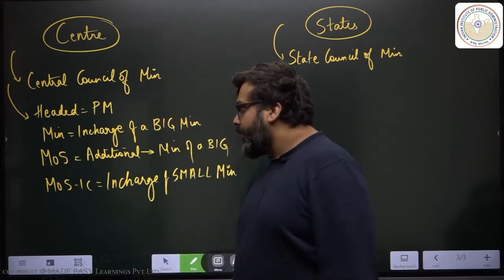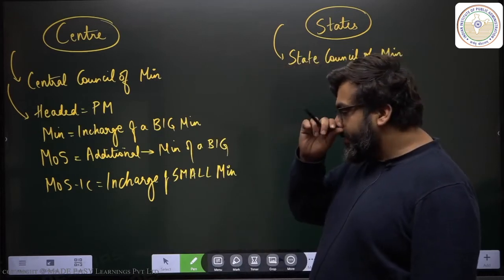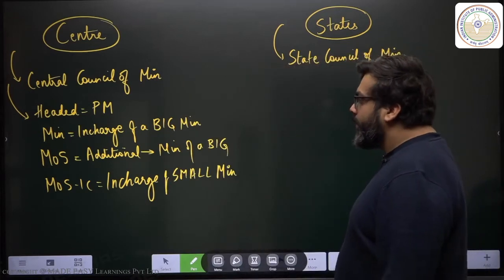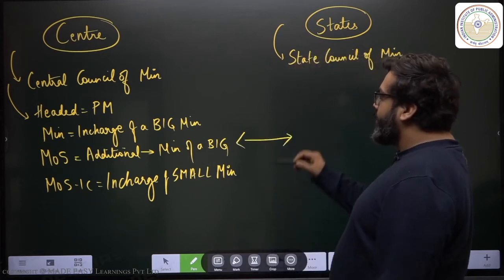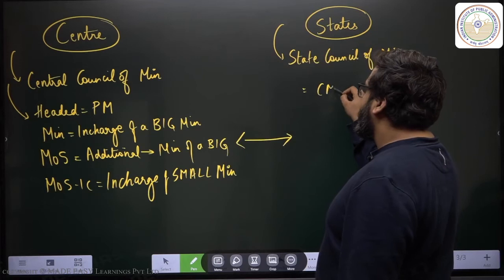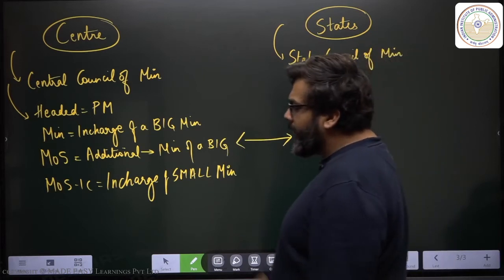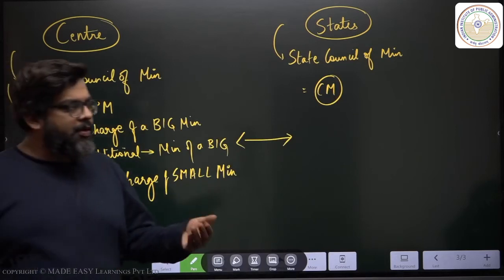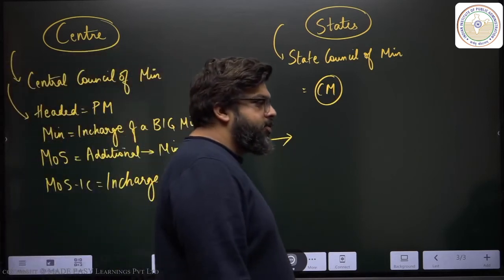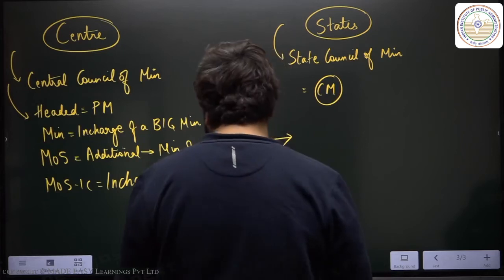Okay? You are in charge of a relatively small ministry. This is exactly the same here, where instead of the PM, it becomes the CM. Small ministry here would be, say, tribal affairs or civil aviation or Panchayati Raj and so on and so forth.